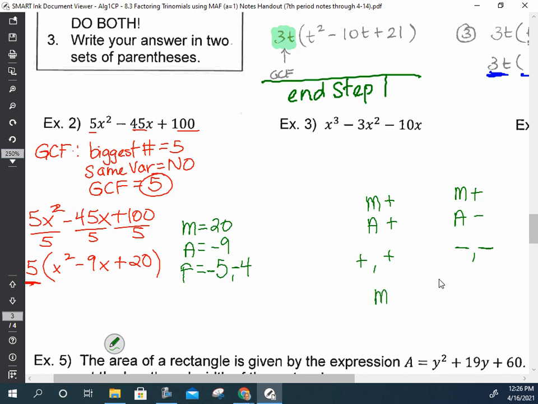If the number it needs to multiply to is negative, but the adding number is positive, one of your numbers is going to be positive, one is going to be negative, and the bigger number has to be positive. So the B means bigger.